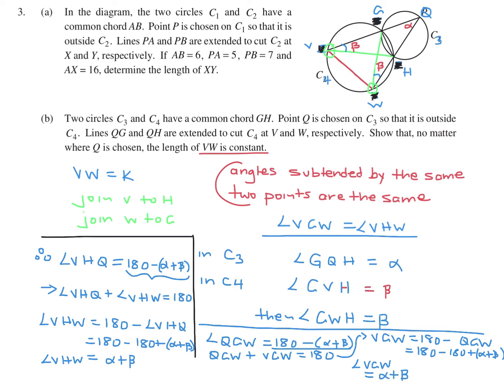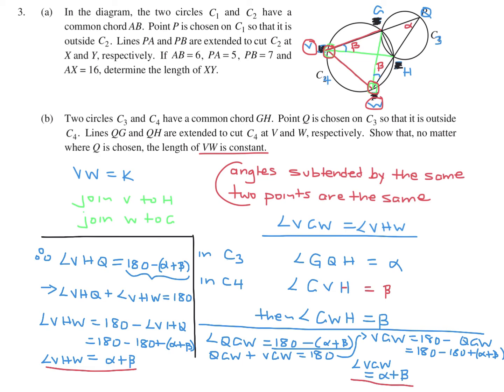So now we've got two relationships. VGW and VHW are alpha plus beta. So VHW is here. VHW, this angle, we're saying is alpha plus beta. And then we're also saying that VGW, this angle, is also alpha plus beta. And if they're both the same, then that means V, which is this point, and W, which is this point, are fixed.